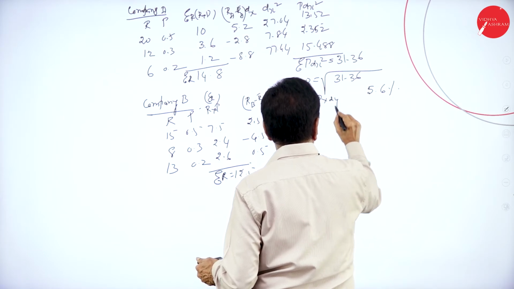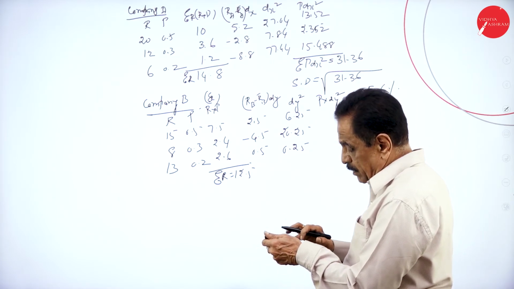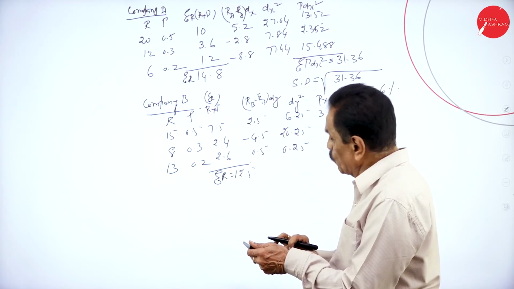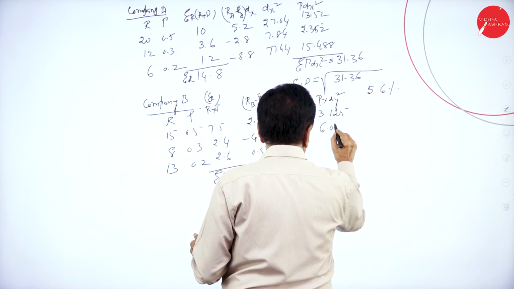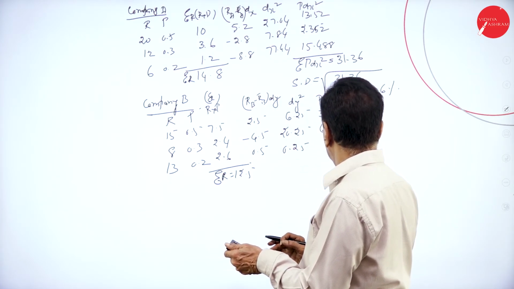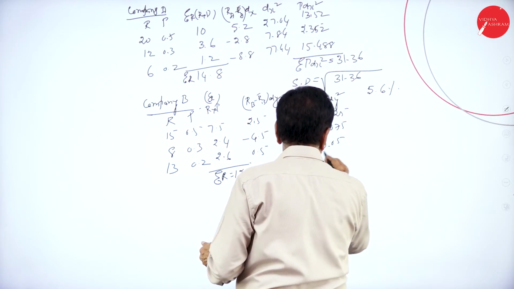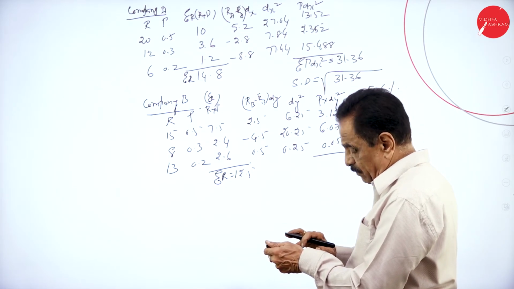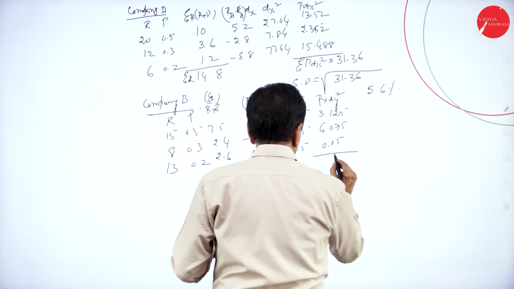Multiplied by probability, p dy square: 6.25 into 0.5 is 3.125. 20.25 into 0.3 is 6.075. 0.25 into 0.2 is 0.05. 0.05 plus 6.075 plus 3.125 is 9.25.